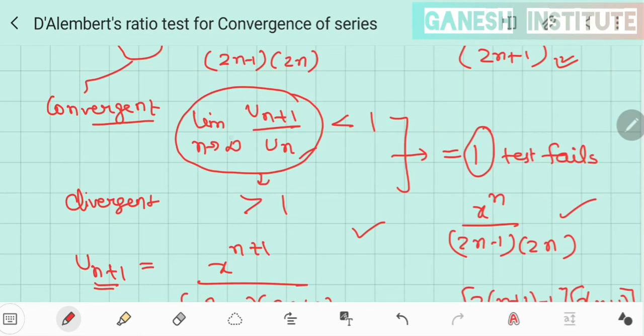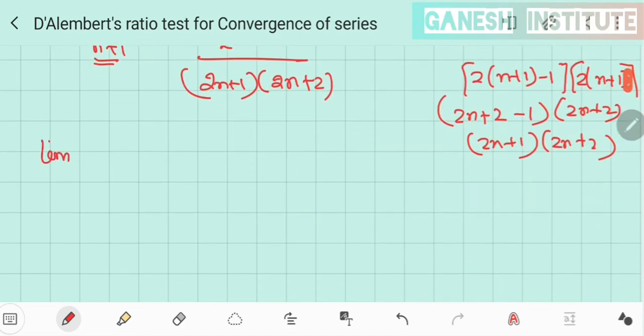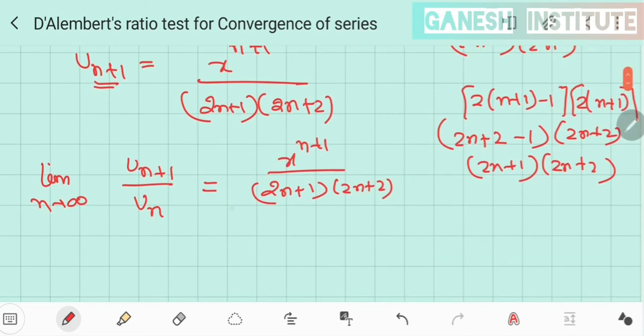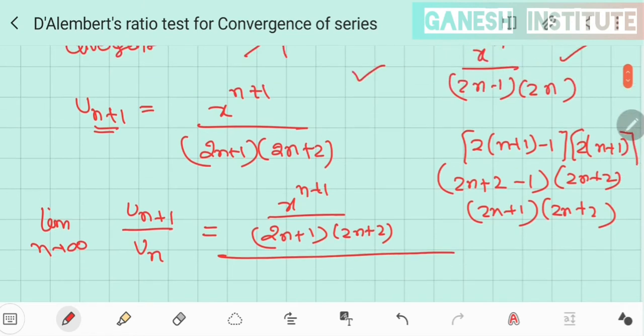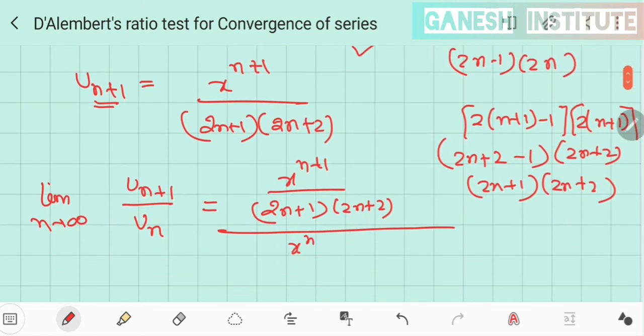Now you need to find the limit as n tends to infinity of un plus 1 by un, which is x raised to power n plus 1 over 2n plus 1, 2n plus 2, divided by un, which is x raised to power n over 2n minus 1 into 2n.